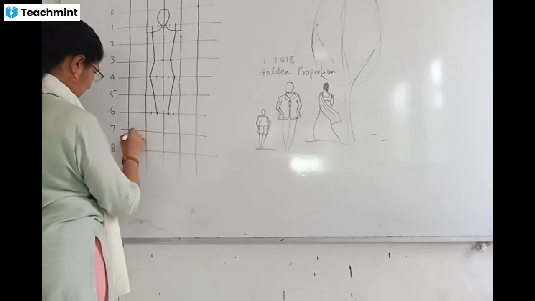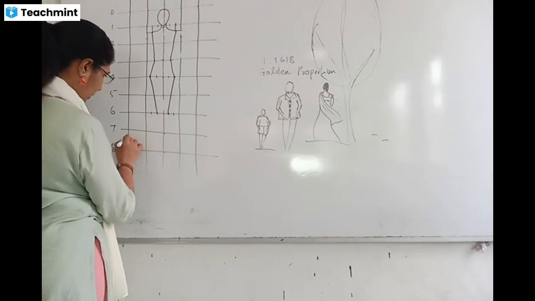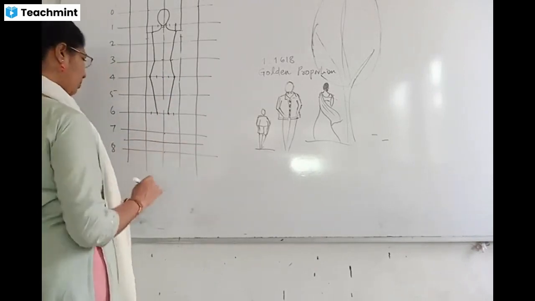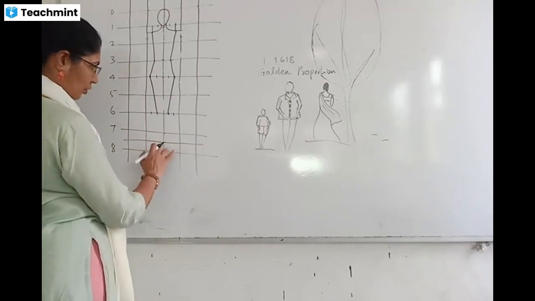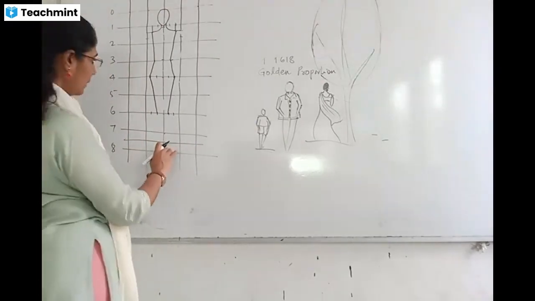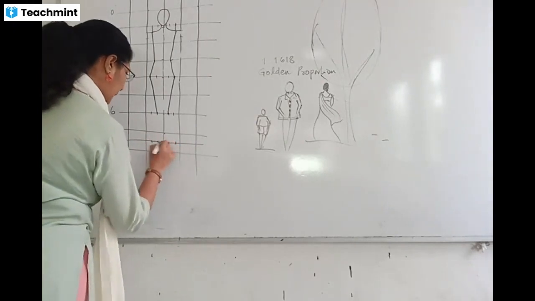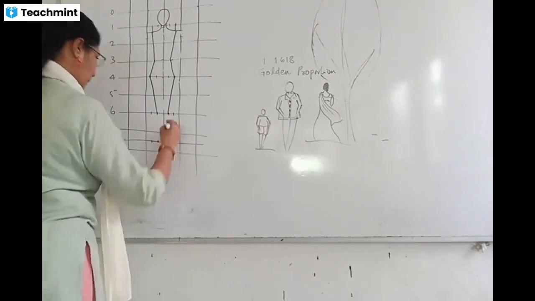After this, the last block could be further divided into 2 parts, 2 equal parts. This lower portion will be left for making a feet, and here we get these points.